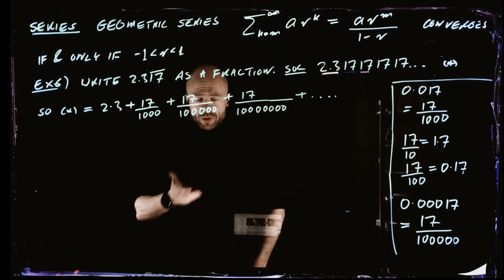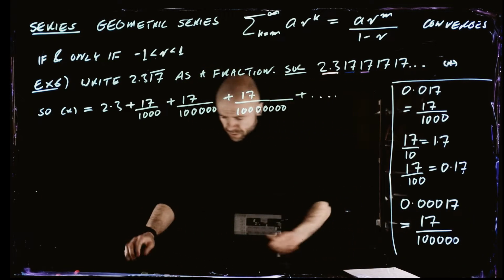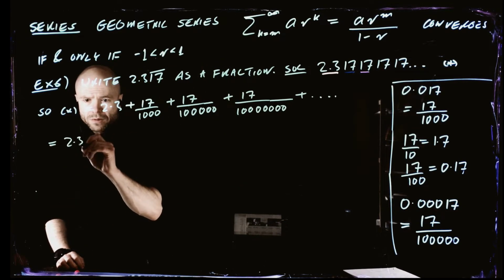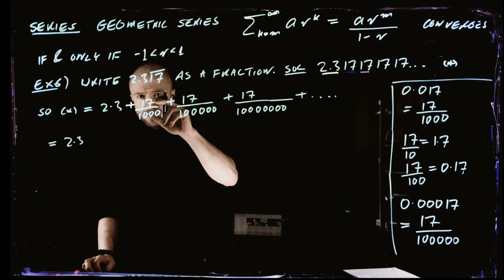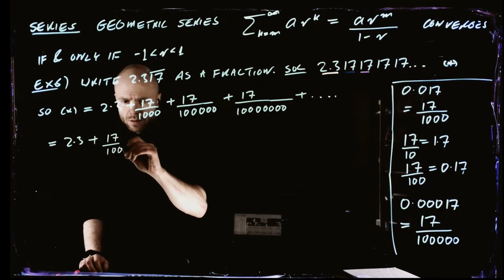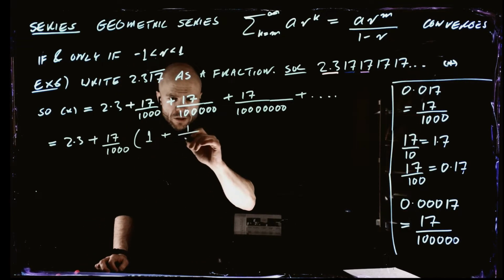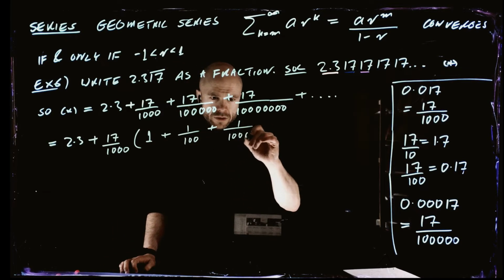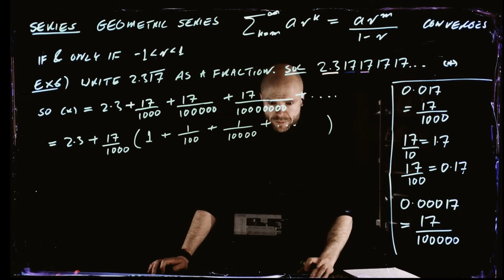So this is starting to look a bit more like a geometric series, because we can write this as 2.3, and let's factor out 17 over 1,000 from here. Then this first number is going to be 1, this next number is going to be 1 over 100, this next number is going to be 1 over 10,000, and so on like this.